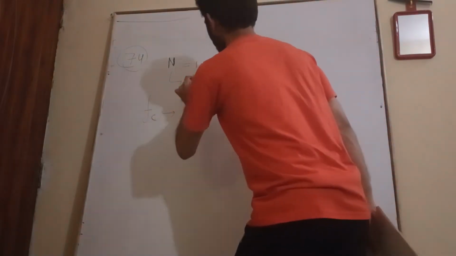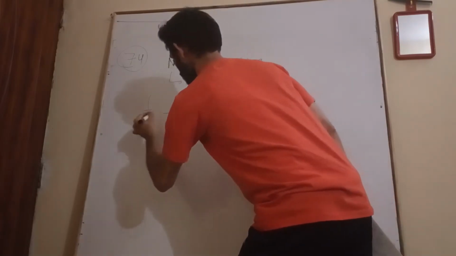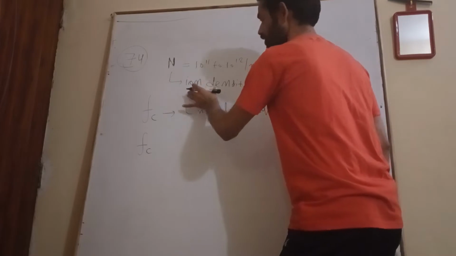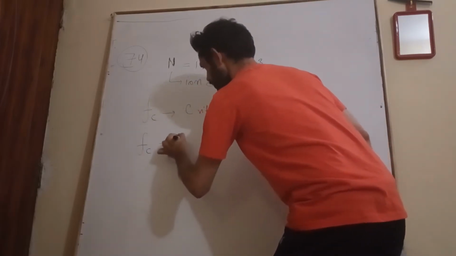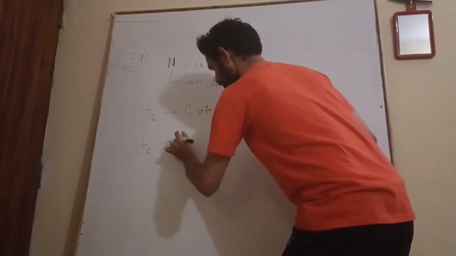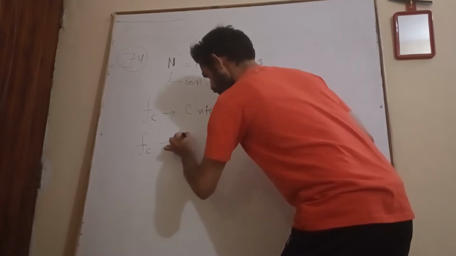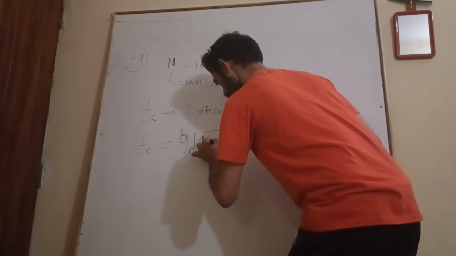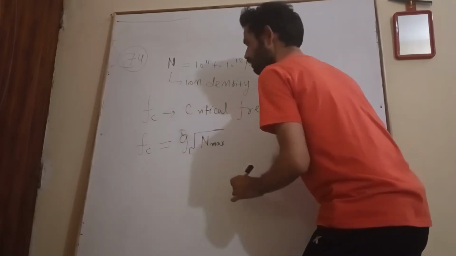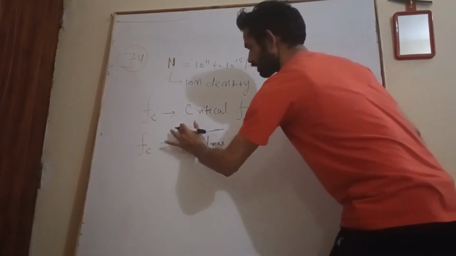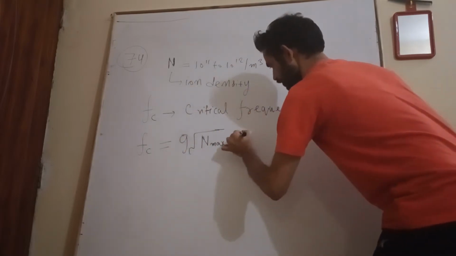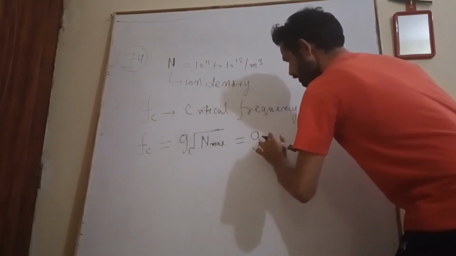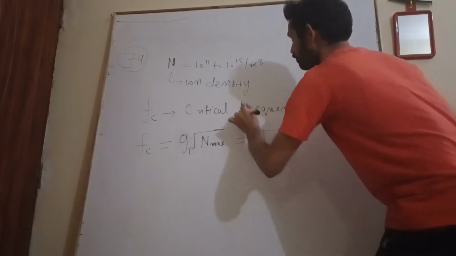As we know very well, for the ionosphere the critical frequency is nothing but 9 square root of N maximum. This is the critical frequency in the ionosphere.